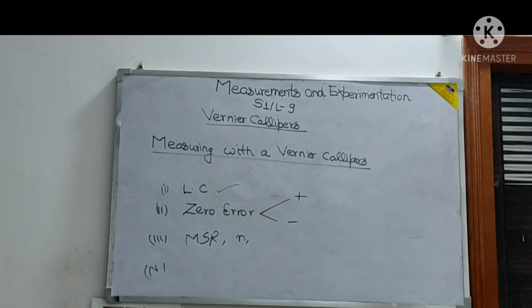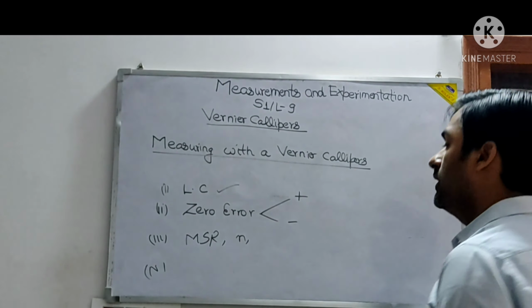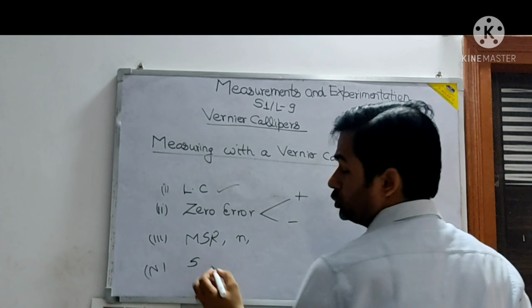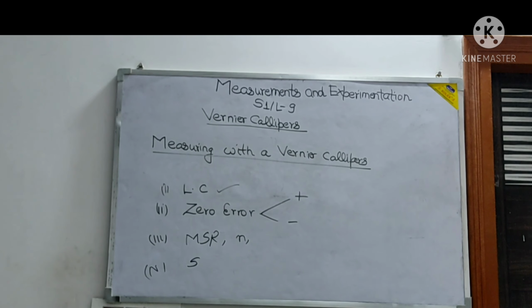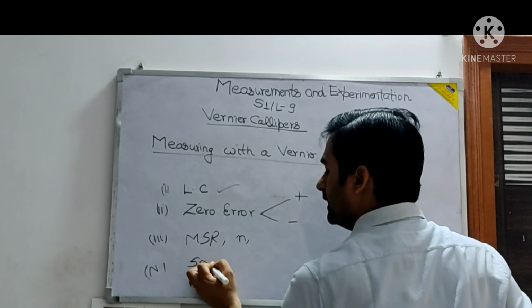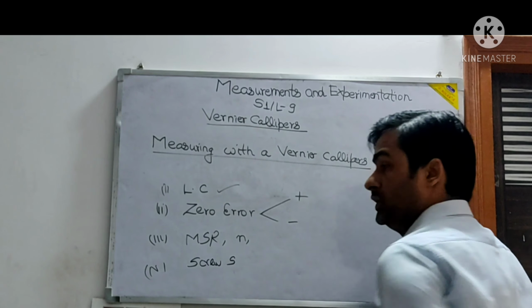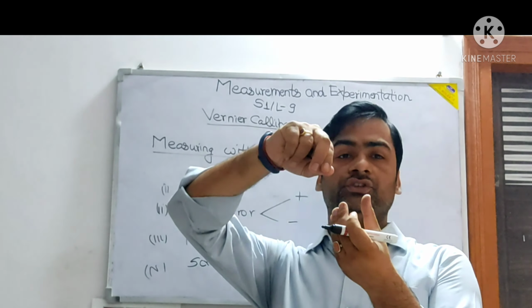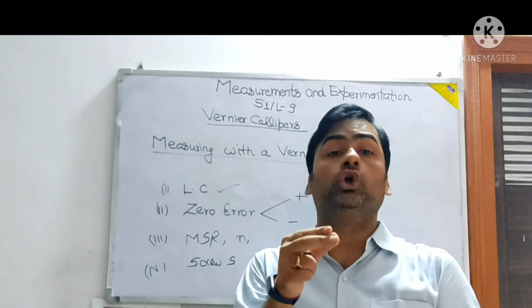So first of all you open the jaws, and adjust them to the length you want to determine between the jaws. The grip should be gentle, and once you have done the grip, with the help of the screw S, it's called a screw only, tighten that position so that the vernier caliper is locked at that point.